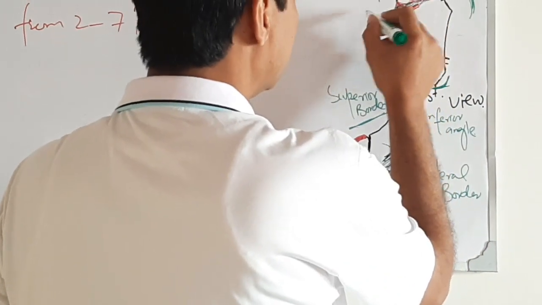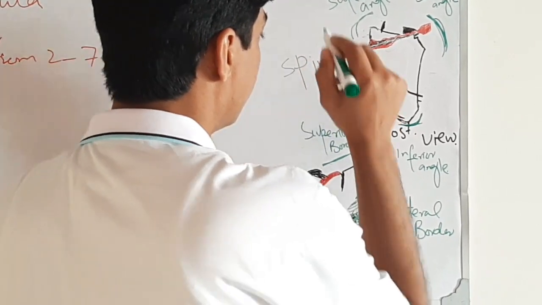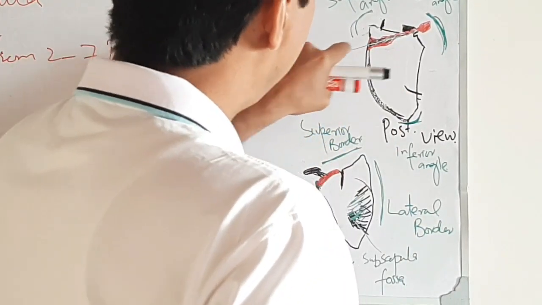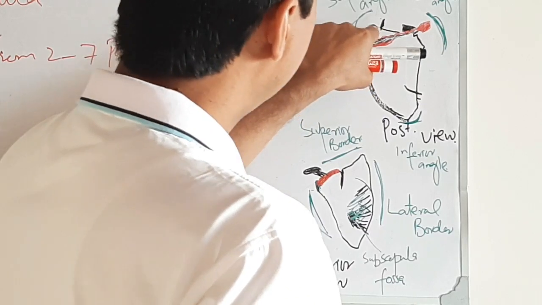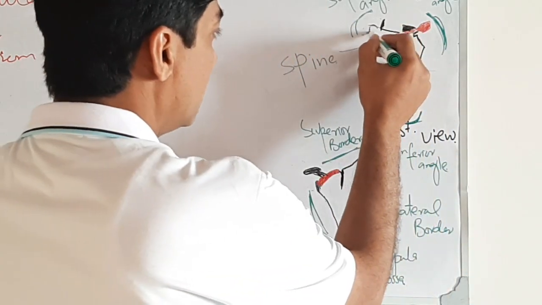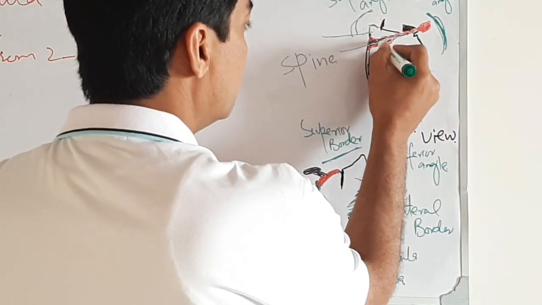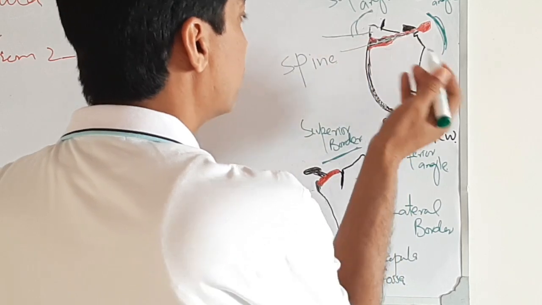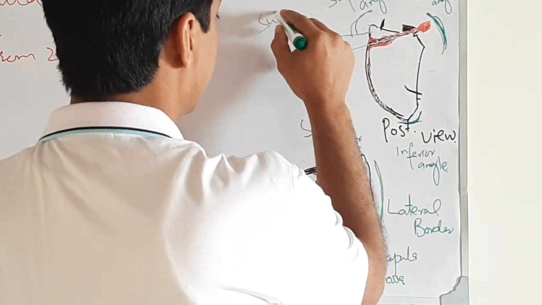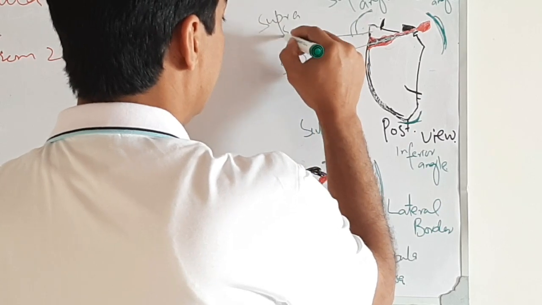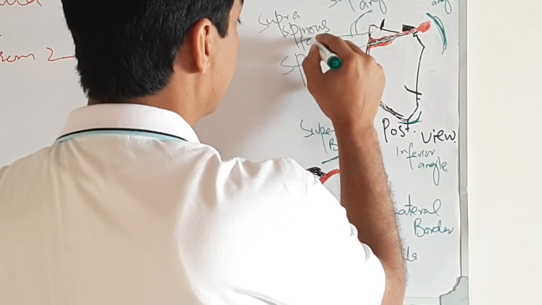This is called the spine. Superior to the spine, there is also a shallow space. This is called the supraspinous fossa.